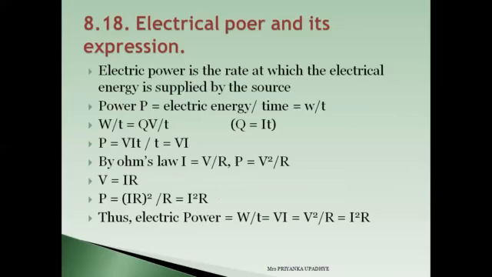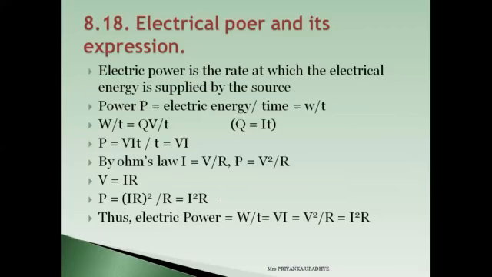Per unit time, whatever energy that source is producing, that is known as its electric power. By the definition, electric power is the rate at which electrical energy is supplied by the source. So from that source, how much energy is supplied per second? That is known as electric power.